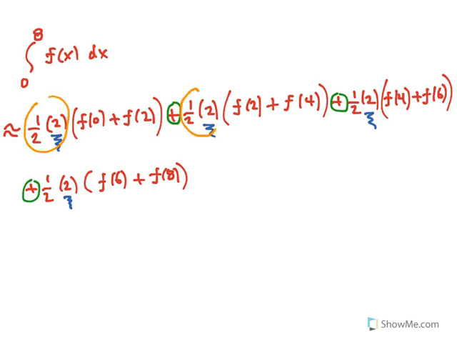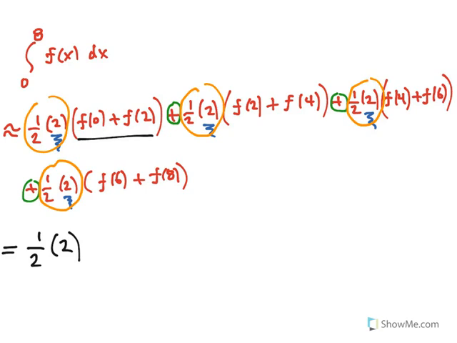So that is actually a common factor that I have from each of my 4 areas. So I can simplify by factoring out 1/2 times the height, which is, of course, 2 in my specific example. And what am I left with?